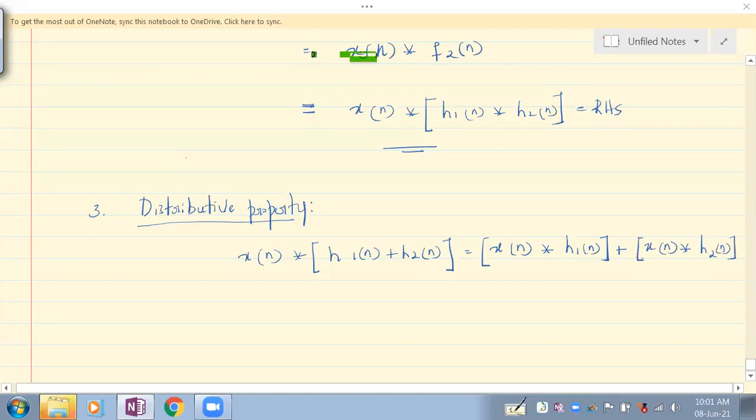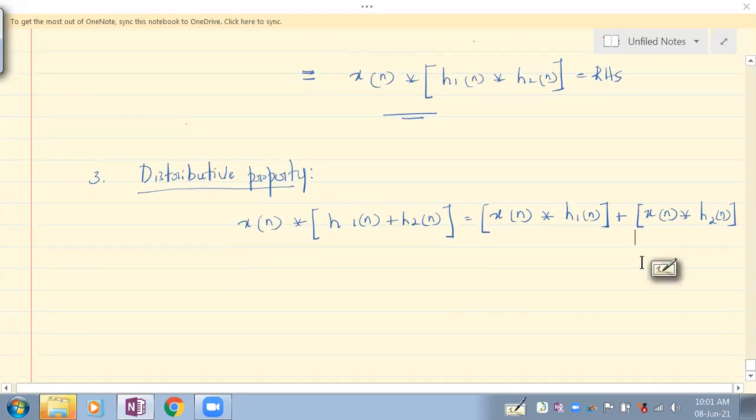So this is what we need to prove now. Let's take the proof of this, which is quite simple compared to the associative property.